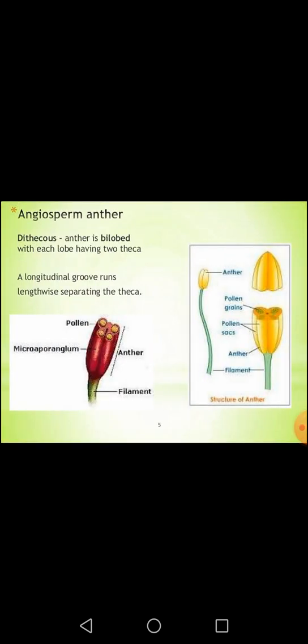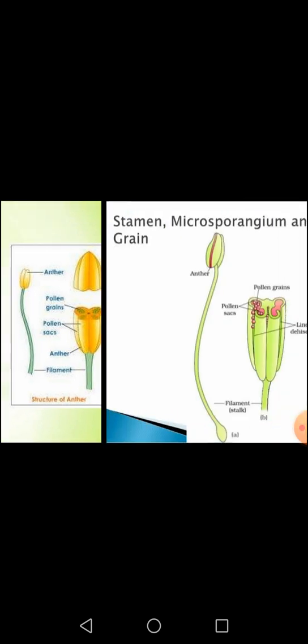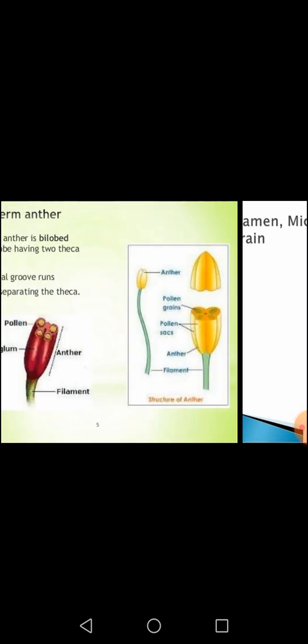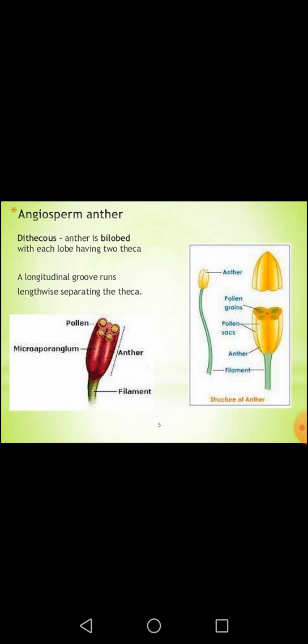Students, as we know, any plant which is having flowers can be referred to as an angiosperm. While we are observing the structure of the anther, as you observed in the previous slide, what is anther and what is its structure. If you look at the structure of the anther, you will find that each anther is dithecous.